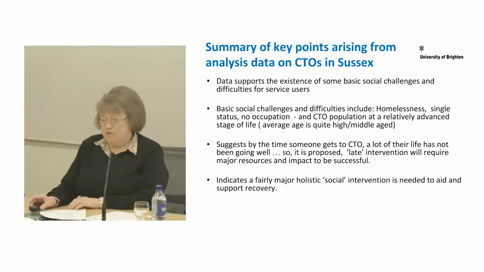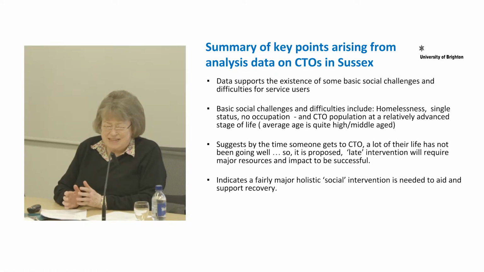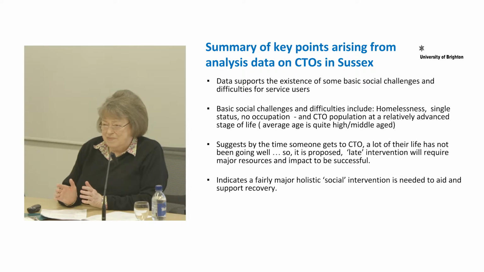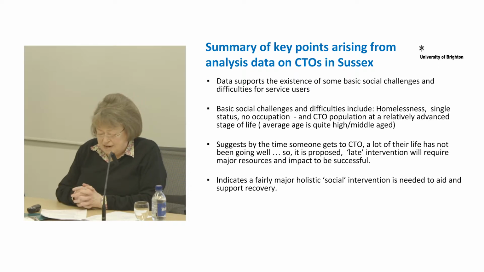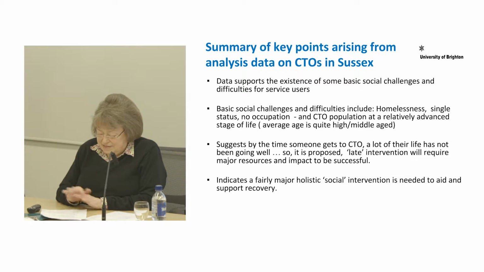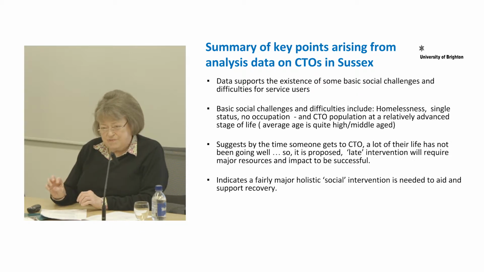So what have we found out from this? It has been helpful in looking at these people as a cohort and looking at characteristics, because there are some very basic social difficulties. And as my colleague Phil Haynes has written, this is an older group of people, so their difficulties are likely to have been ongoing for some time.